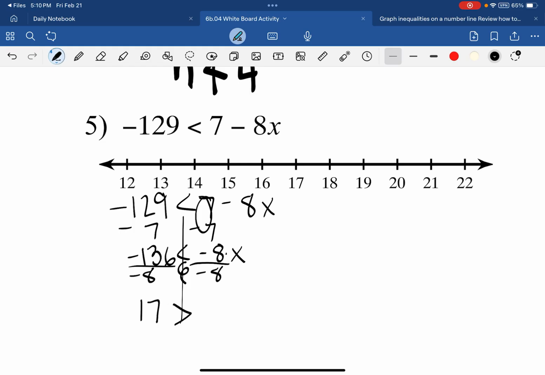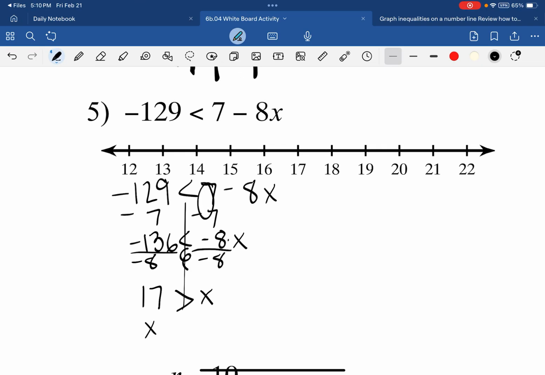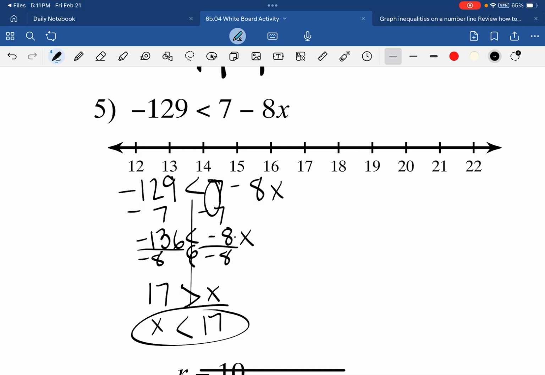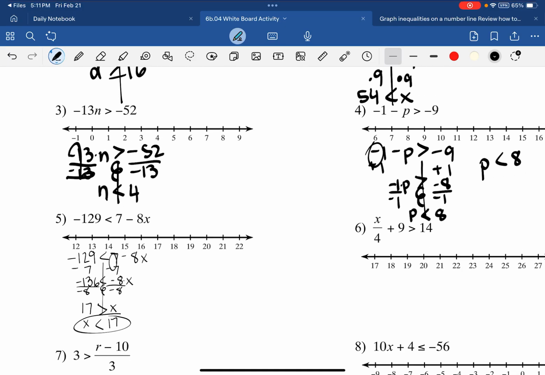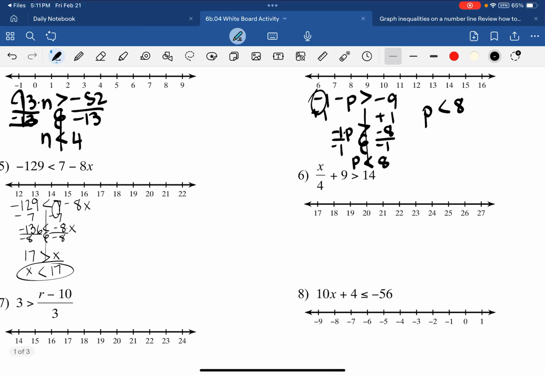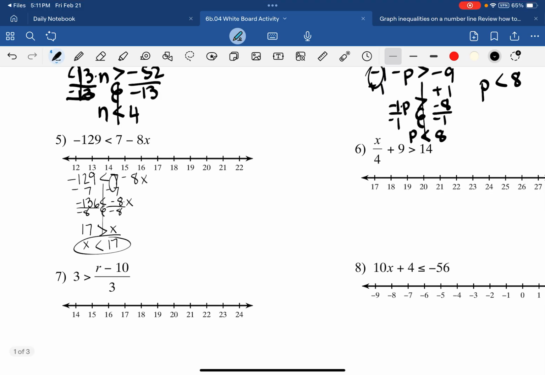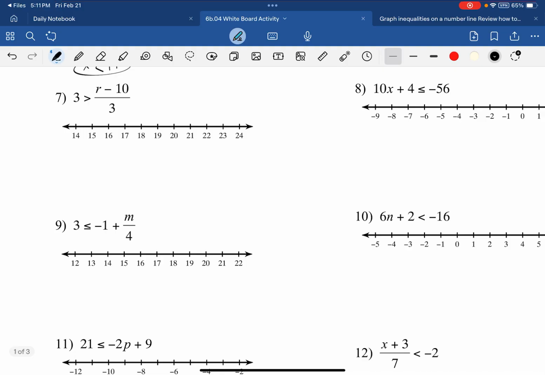This now becomes a greater than sign, and this becomes an x, but that's backwards because the letter should come first. So we're going to switch them, and then this is open towards the 17. So this is my final answer. Okay, there's a lot of ways my students can get messed up because there's so much switching. So I really encourage good work so we can catch it.